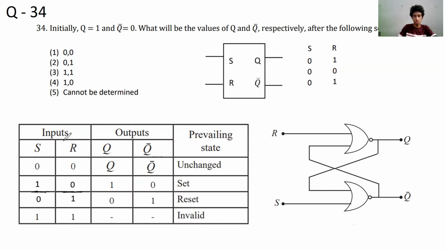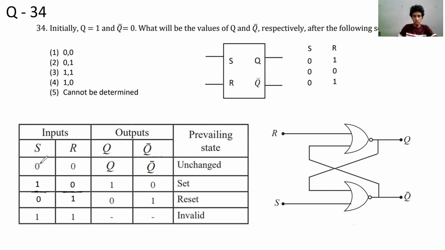input. So when S equals 0 and R equals 0, that means when none of the set and reset buttons are pressed, Q and Q bar will remain unchanged. That means the values of Q and Q bar will be the same as the previous values.